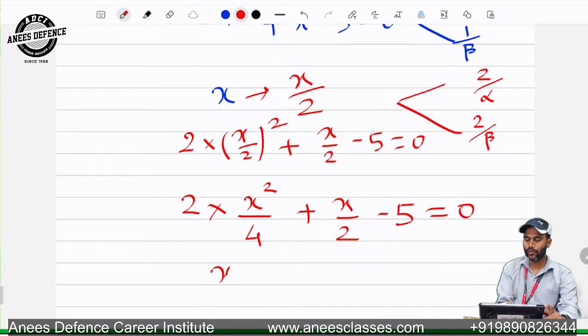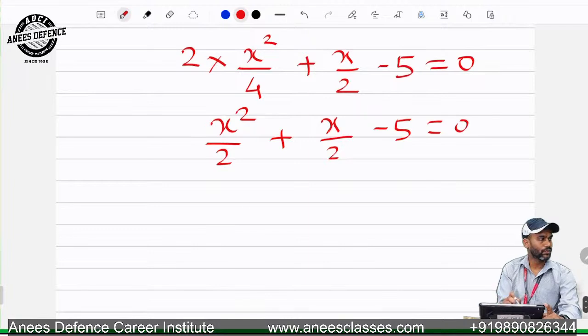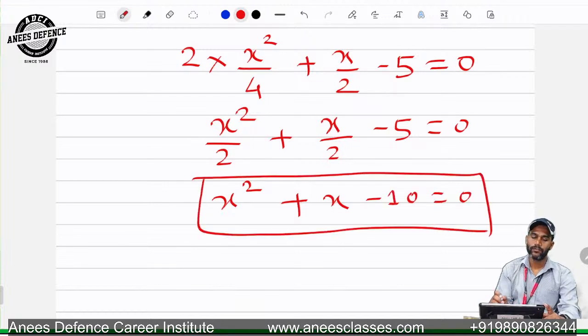We get x square by 2 plus x by 2 minus 5. Or we can just multiply it by 2. So we get x square plus x minus 10 is equal to 0. That would be your final answer.